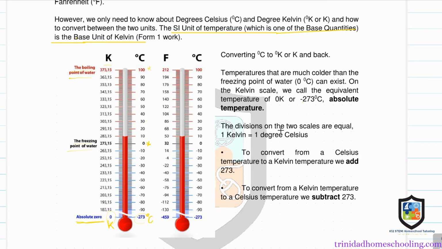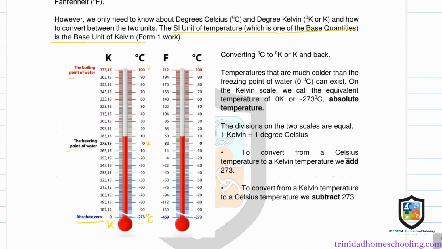The divisions on the two scales are equal. Okay, now if you look at the markings, it's exactly 273.15 and exactly 0 degrees at the same mark on the same thermometer. So 1 kelvin is equal to 1 degree Celsius.